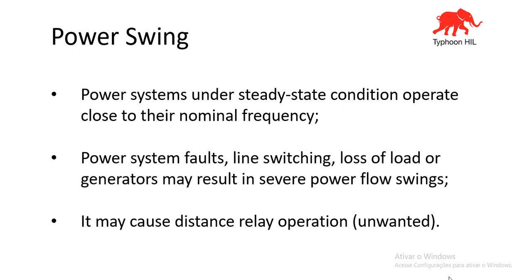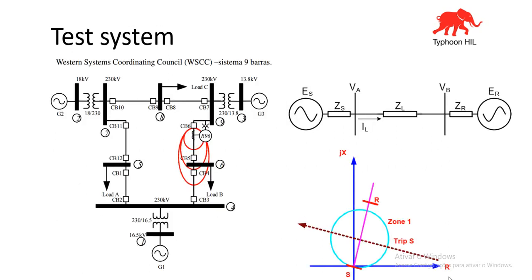It's considered unwanted operation because it's not a fault in the line, it's an external problem, and the distance relay may operate.